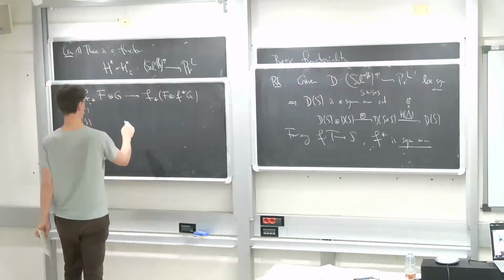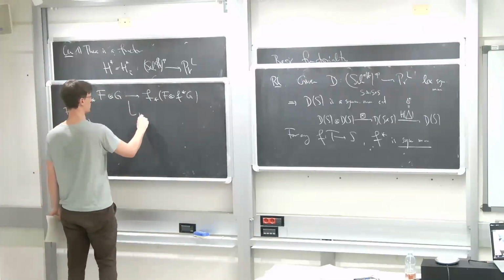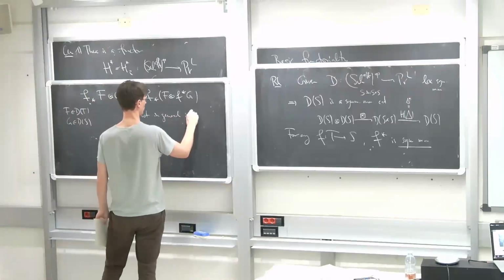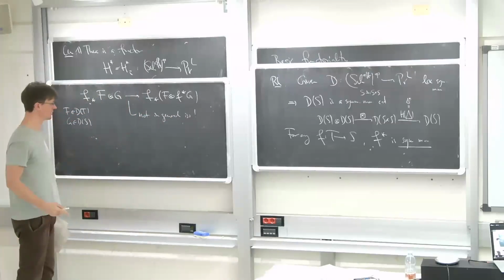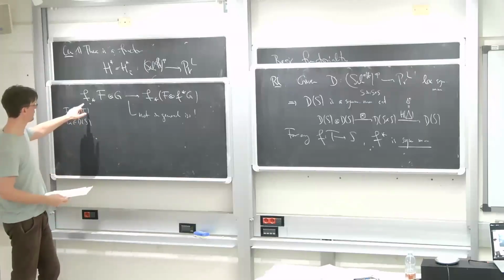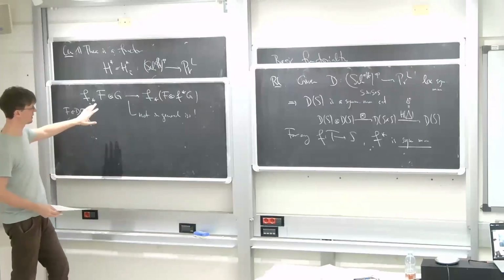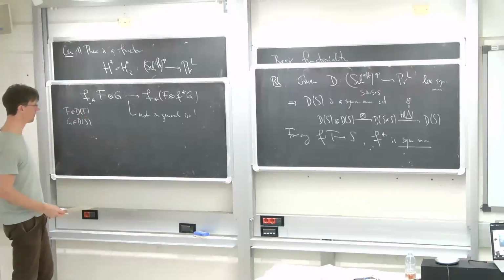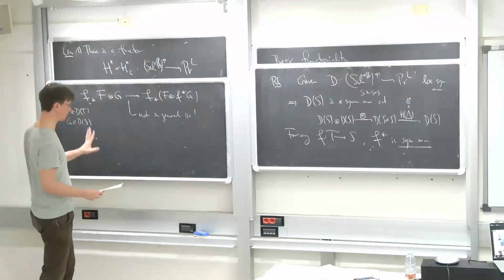This is just a map a priori, not in general an isomorphism. We will see the main thing, that if this f is proper, eventually we will see this is an isomorphism, and that will allow us to do it for the f lower Schrieg as well. But as such, it's just a map.